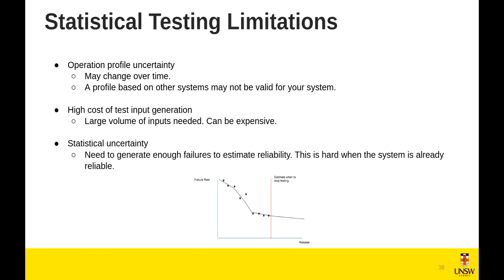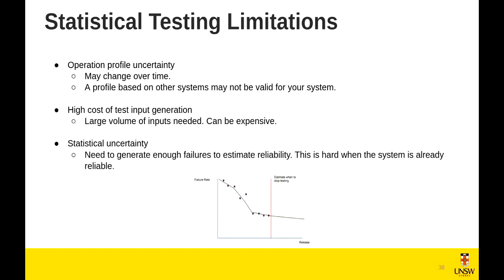The failure rate will drop during the development very fast at first, and then with more and more failures eliminated in the key features, the improvement of reliability becomes slower, or the dropping rate of failure becomes slower.